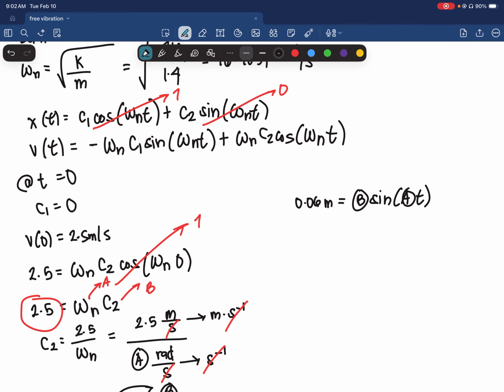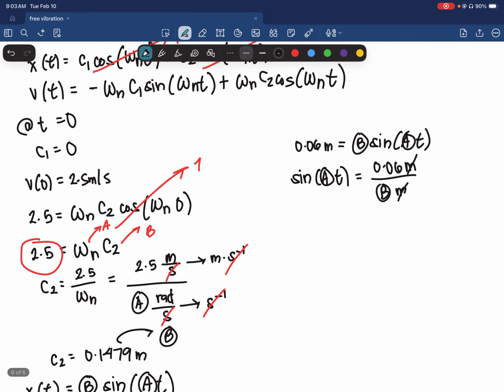So, first, divide both sides by B. So, we have sine of At that is equal into 0.06 meter over B meter, cancel. Ayan.